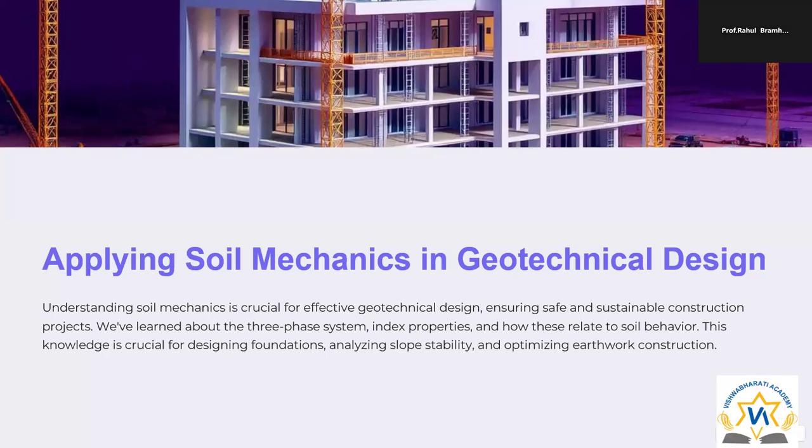So from the first lecture to this lecture, we understood the importance of soil mechanics in geotechnical engineering, basic concepts, basic index properties, and their applications to finding the behavior and properties of soil.